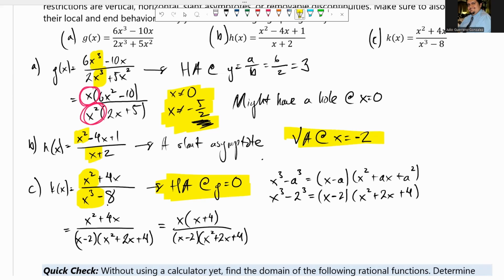Since nothing cancels, we don't have a hole. Yay. But the bottom still can be 0, in particular this one. If I plug in positive 2 there, I might divide by 0. That leads us toward a vertical asymptote at x equals positive 2.